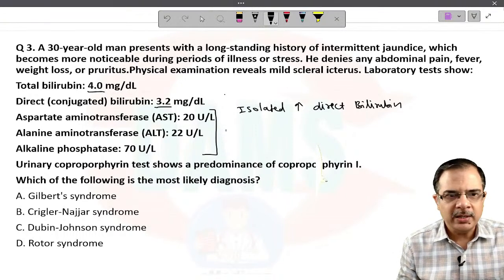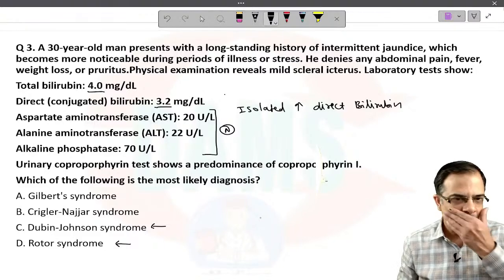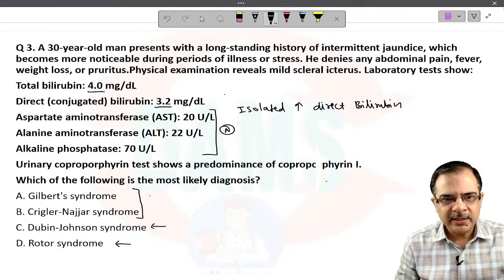Now, direct bilirubin elevation can be seen in Dubin-Johnson syndrome, can be seen in Rotor syndrome. So how to differentiate them? A and B options present with elevation of indirect bilirubin.